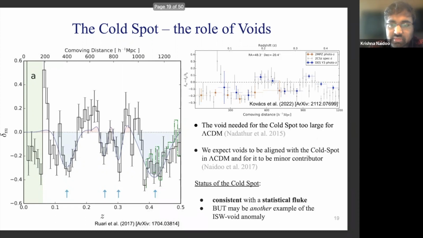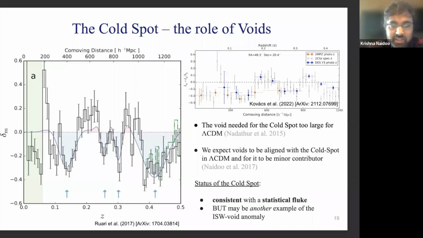And what we find is if you're trying to explain the full cold spot feature with just a void, this is actually a problem for lambda CDM, because the type of void you would need would be more problematic than the cold spot itself. So it's not a good solution.